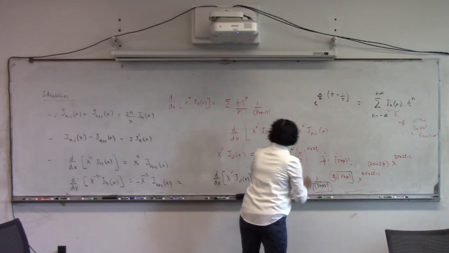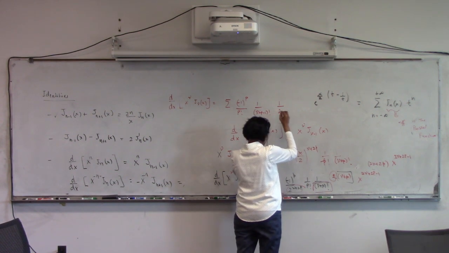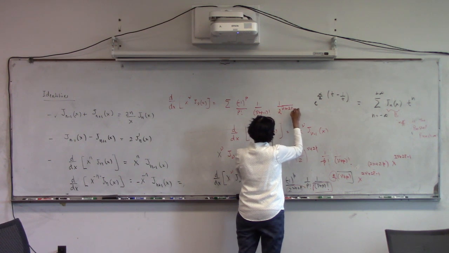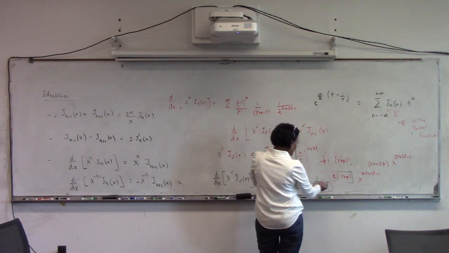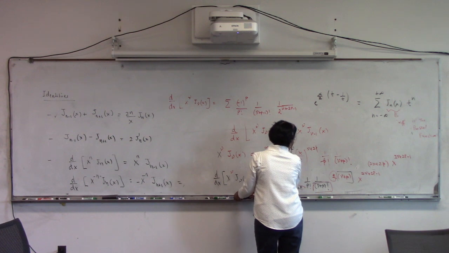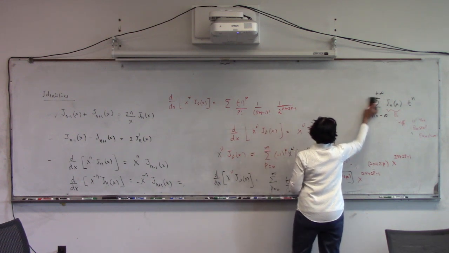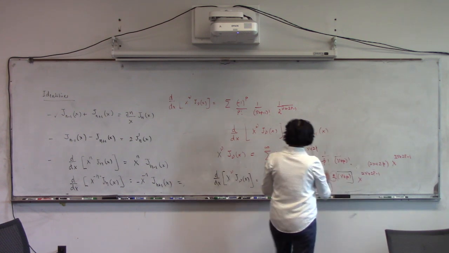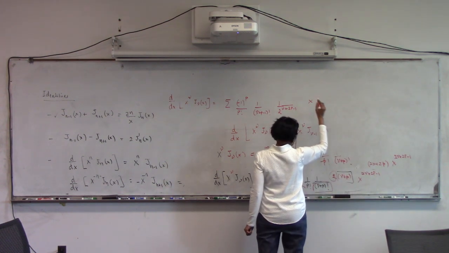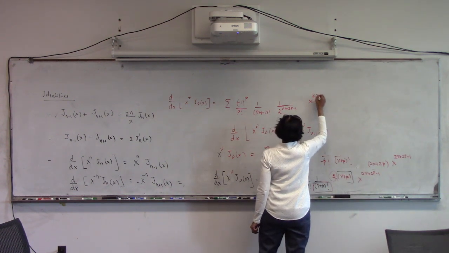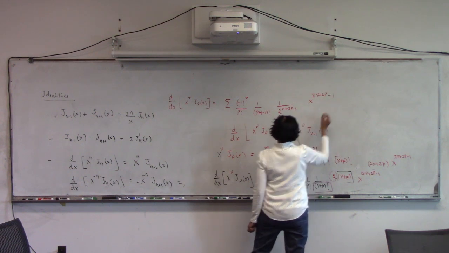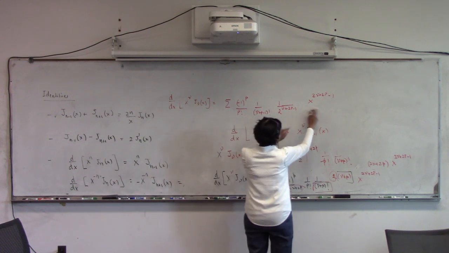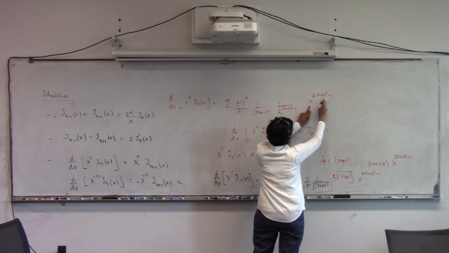And then this will become 1 over 2 to the power of nu plus 2p minus 1. Okay. And then I have the x. So this I can write as what? x to the power of nu plus 2p minus 1.